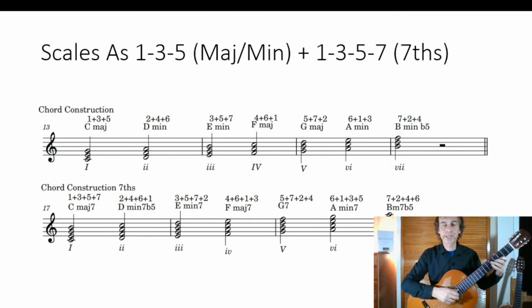And then chord 6, 6, 1 and 3, A, C and E. It's an A minor chord. And then we get to our 7, 2 and 4, sorry, which is a B minor with a flat 5. Again, that's why it can't have that F sharp. It has to be a note from the scale, and that F is part of our C major scale.